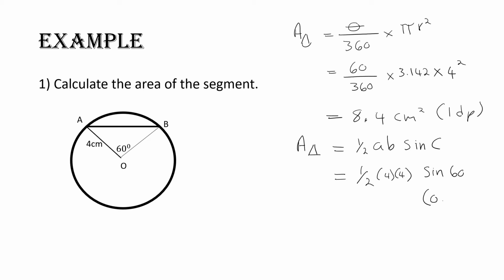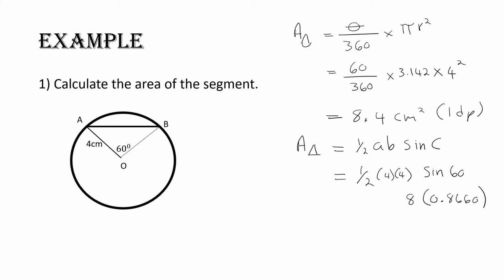Sine 60, I'm getting 0.8660. Good. And I round off here to 4 decimal places. I'm only putting it like this so that you will understand that that is the result of sine 60. Good. And when you get that, you multiply that by half of 4 times 4, which I know is 8. Well, I said I wasn't going to do it, but I did it already. 4 times 4 is 16, and half of 16 is 8.